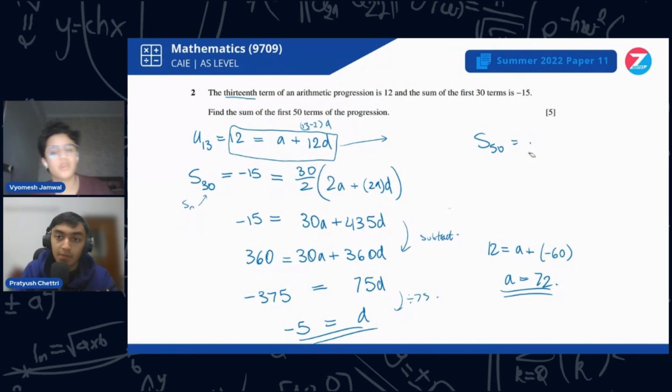So now with these two values, we could just find S50. So it's going to be 50 upon 2 times 2A, which is 144, and then plus 49 times D, which is negative 5.